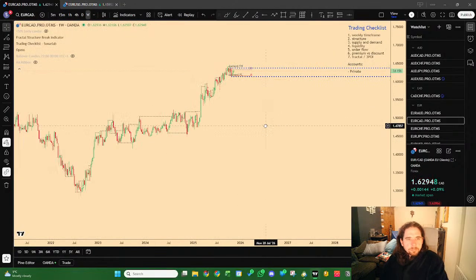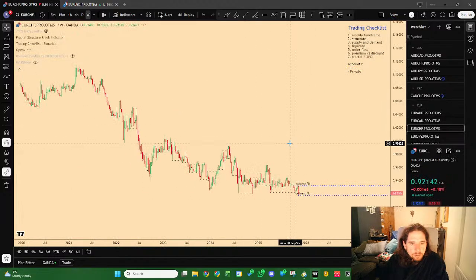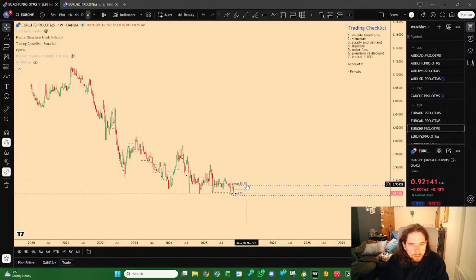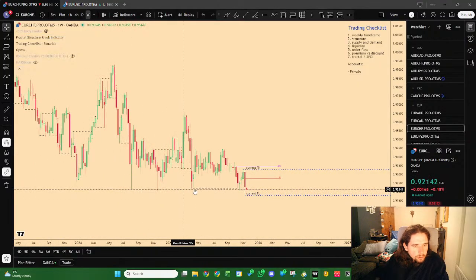Oh yeah, so Euro CHF, obviously bearish. We are somewhat stuck there. We haven't closed beyond that. So just keep in mind there's a very strong area of demand there because it hasn't actually broken that. So this low could be a very strong low, and we could see a reversal.